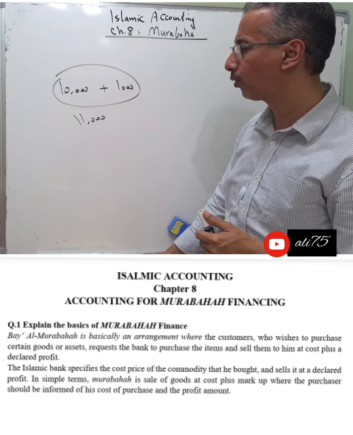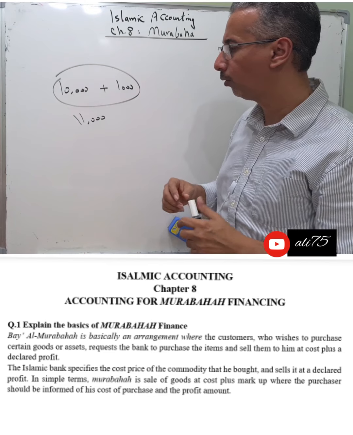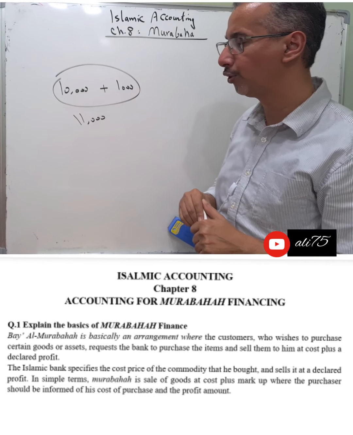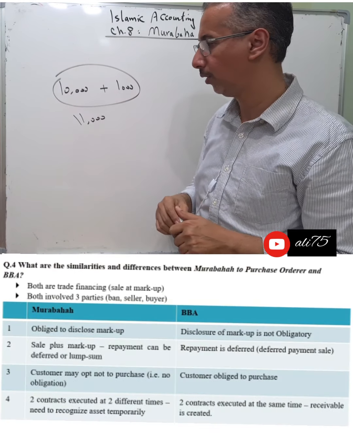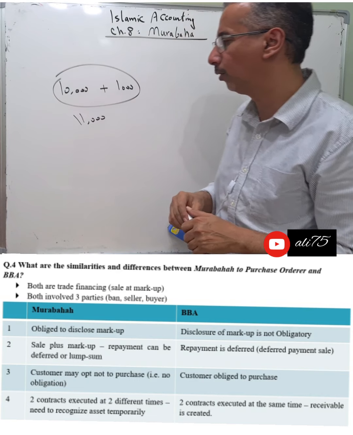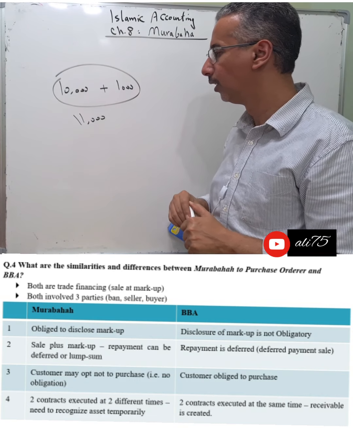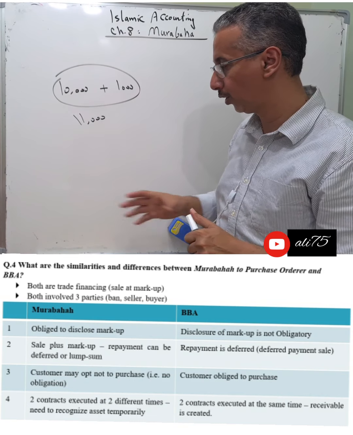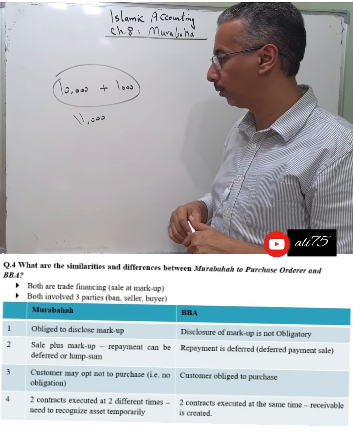Banks usually use another contract, they call it بيع المؤجل or بيع بثمن آجل. What does it mean? Another related mode of Murabaha finance is بيع بثمن آجل, as you can see below, or بيع المؤجل.